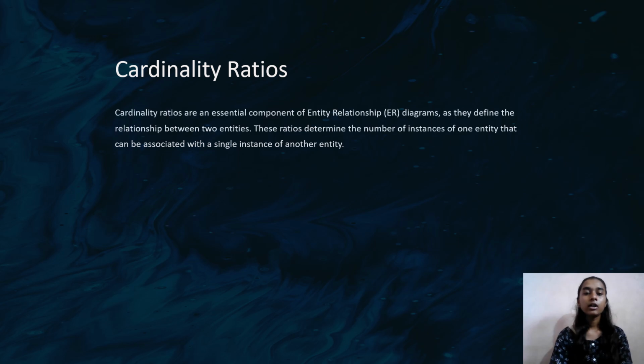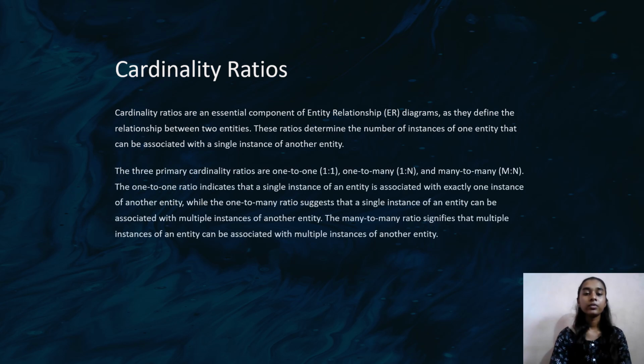Cardinality ratios. Cardinality ratios are an essential component of ER diagrams as they define the relationship between two entities. These ratios determine the number of instances of one entity that can be associated with a single instance of another entity.